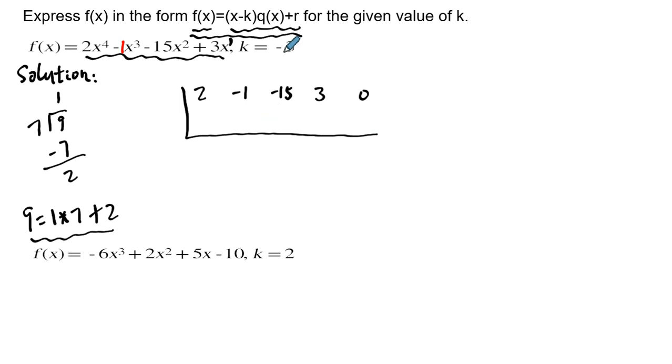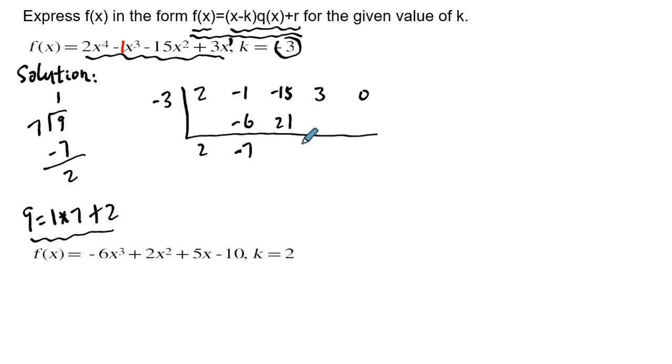Then you put -3 here. So what you get, step 1 is take 2 down, and 2 times -3, you get -6. -1 plus -6, you have -7. And then -3 times -7 is 21.